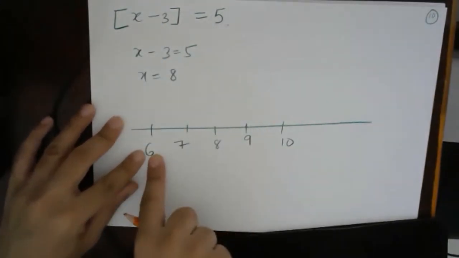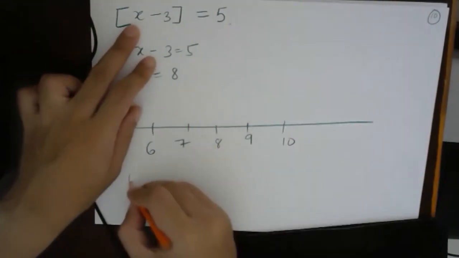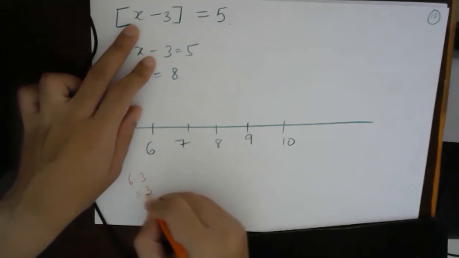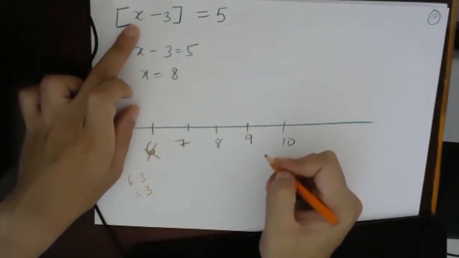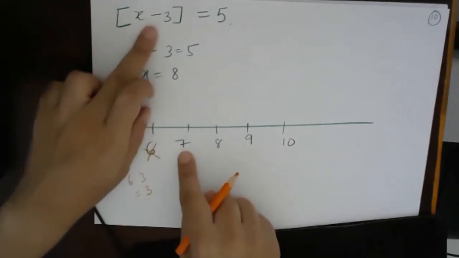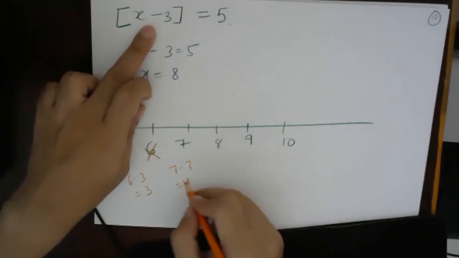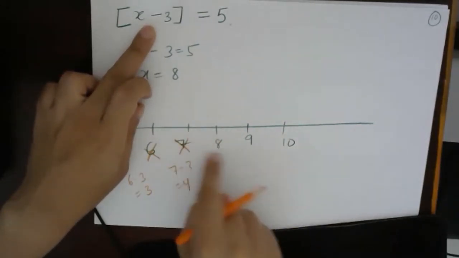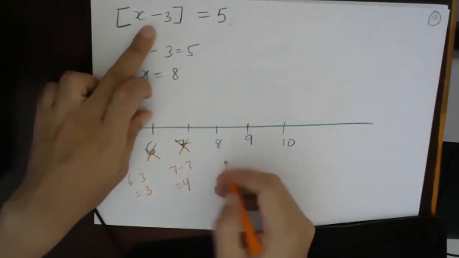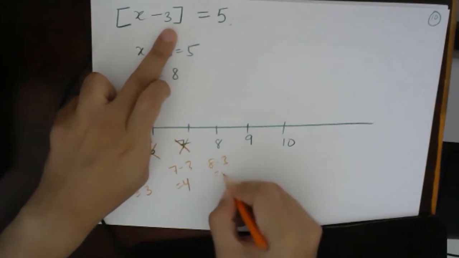When x is 6, 6 minus 3 is 3, which is not equal to 5, so I cannot take 6. Let's take 7. 7 minus 3 is 4, so I cannot take 7 either. Let's take 8. 8 minus 3 is 5, which I am getting.